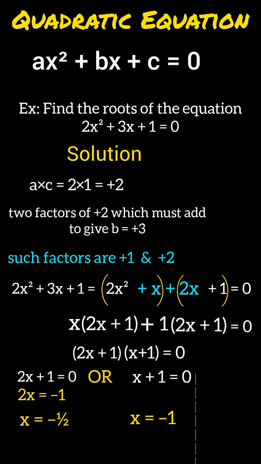Take note, root of a quadratic equation is also called zeros of the quadratic equation. So the values of x there, which are the roots of the equation, are x equal to minus 1 over 2 or x equal to minus 1. So this is how we factorize a quadratic equation to get the roots of the equation.